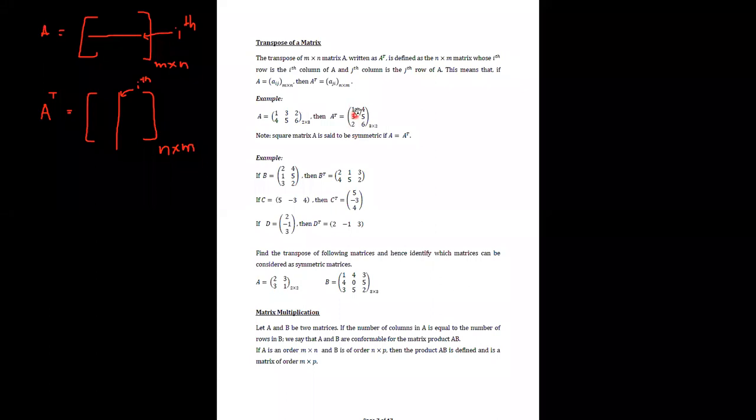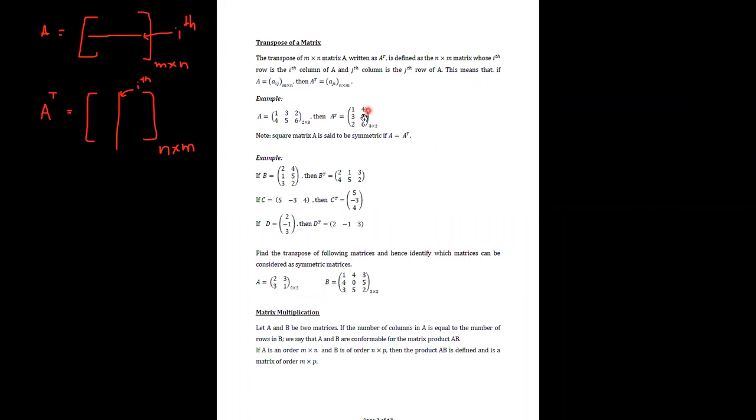Then we can say that 1, 3, and 2 has become the first column of the transpose matrix. Then 4, 5, and 6 in the initial matrix has become the second column of the transpose matrix. Therefore, now you can see that the rows have switched as columns in the transpose matrix.